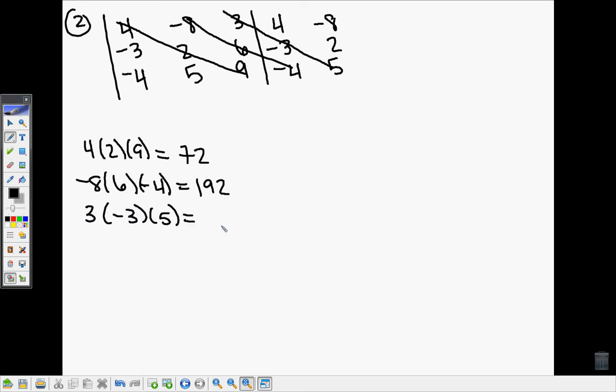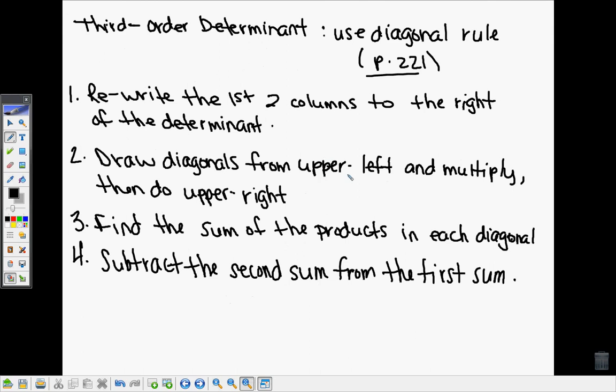What's that answer? -45. So when you're done, you're going to add all of those together. So take a second and add those up. You should get 219.